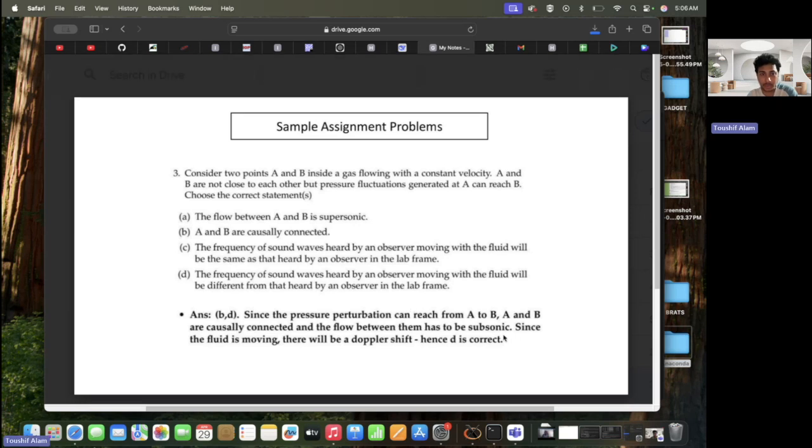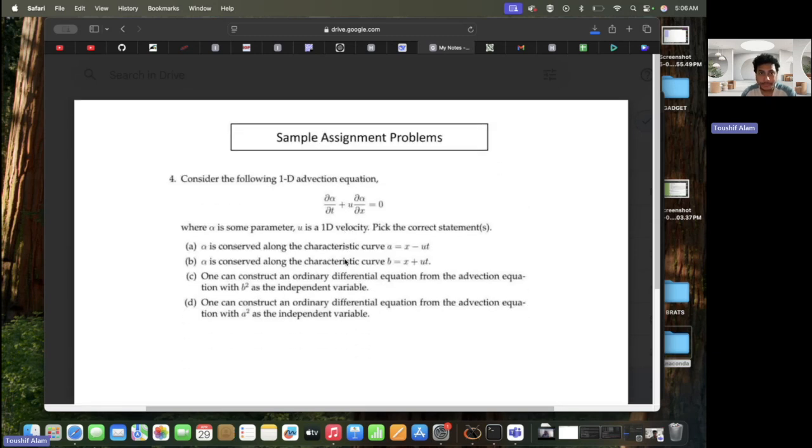It can't be supersonic. Since the fluid is moving, there will be a Doppler shift. So the frequency of sound waves heard by an observer moving with the fluid will be different from that heard by an observer in the lab frame. So the Doppler shift is there. A and B are causally connected. So it is not supersonic, it is subsonic. The frequency of sound waves is not the same, due to the Doppler shift. So options B and D are correct.